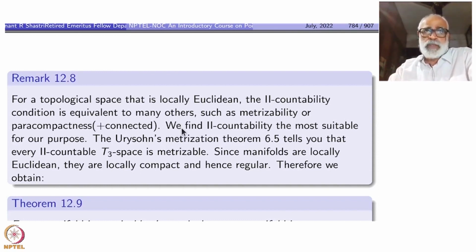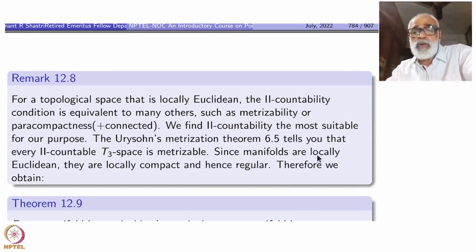Easy to understand. The Urysohn metrization theorem that we have done tells you that every second countable T3 space is metrizable. Locally compact Hausdorff spaces are T3 spaces. Therefore, they are metrizable. So I could have put metrizability, and then I can conclude that it is second countable.